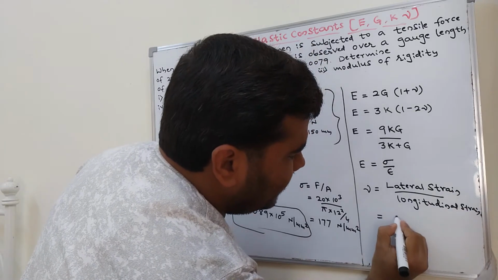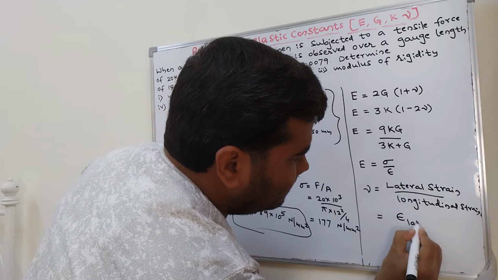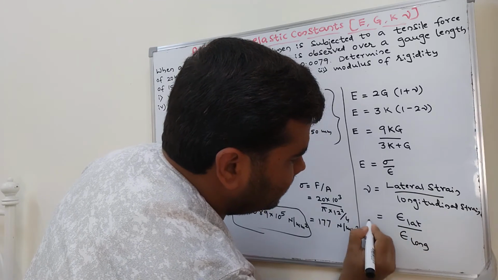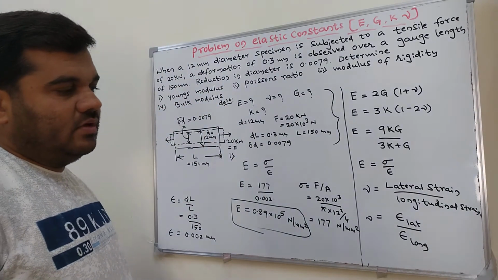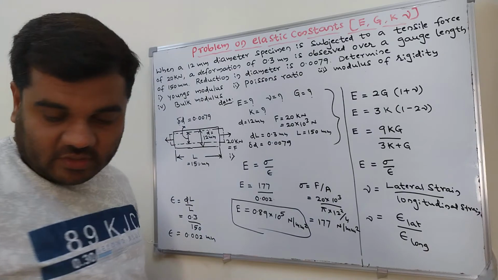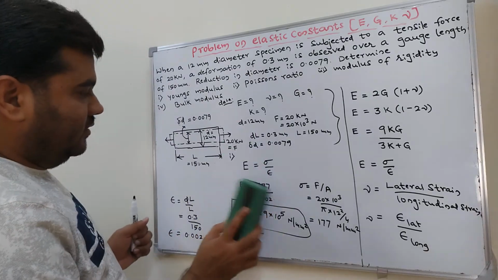This will be equal to lateral divided by longitudinal. That is Poisson's ratio, so we can use this formula.